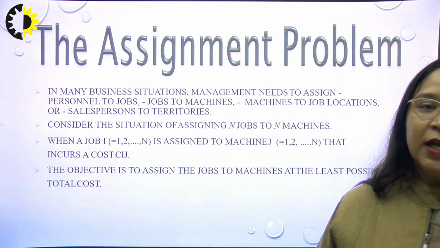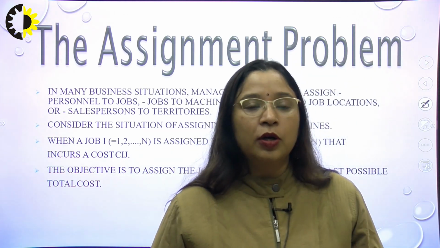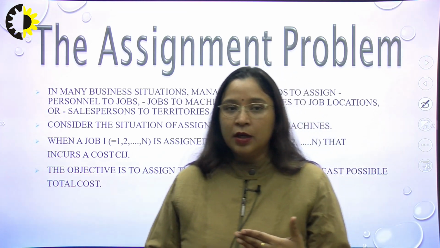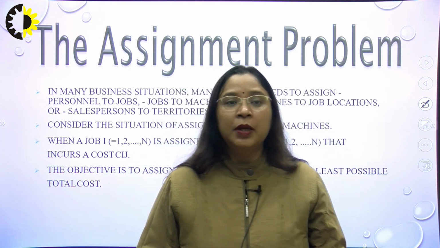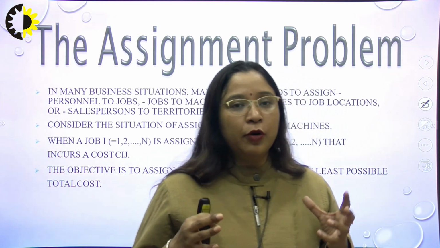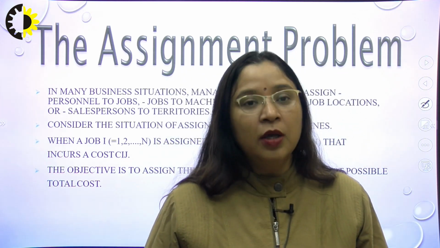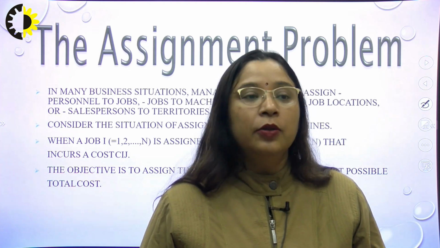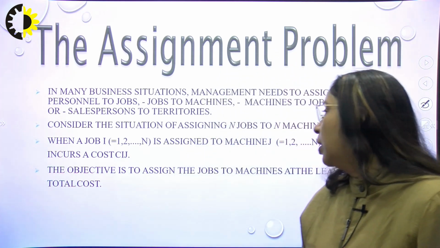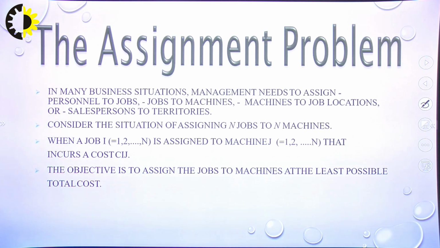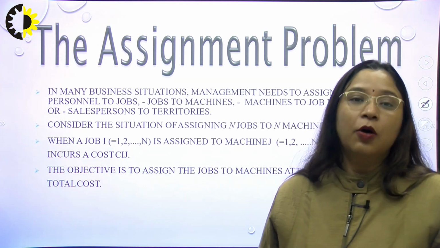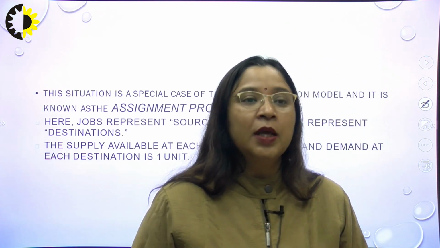As I told you in the simplex model and in PERT or CPM, the main objective of operation research is to have a minimum cost with maximum output. So the objective here is to assign the jobs to the machines at the least possible total cost.